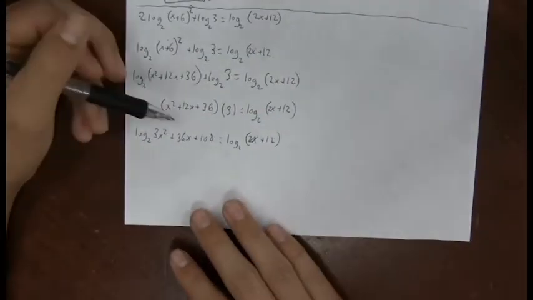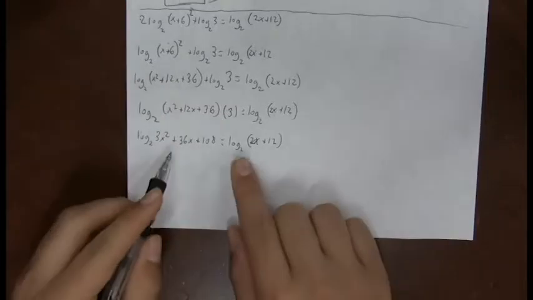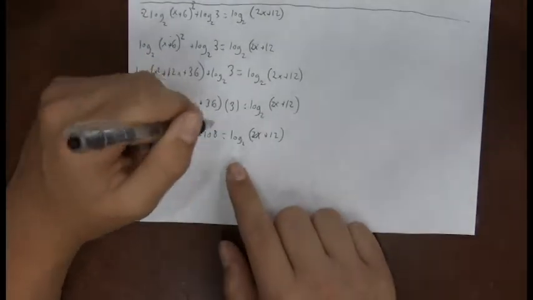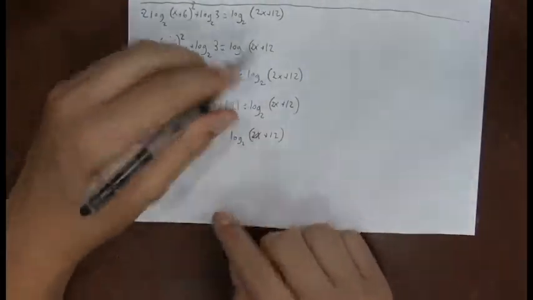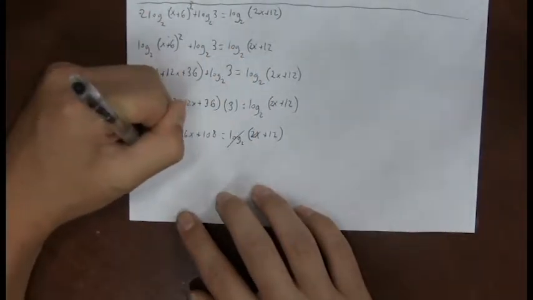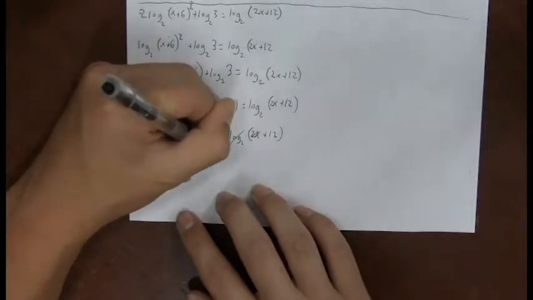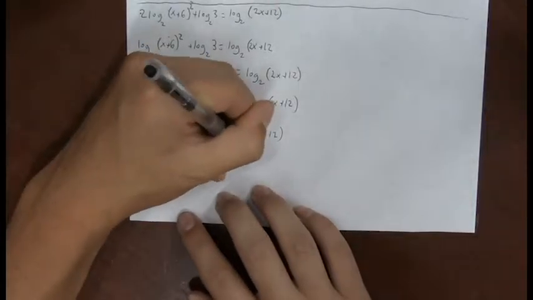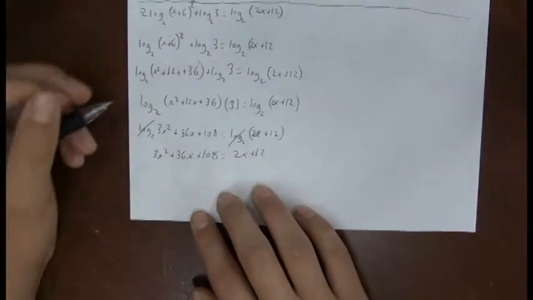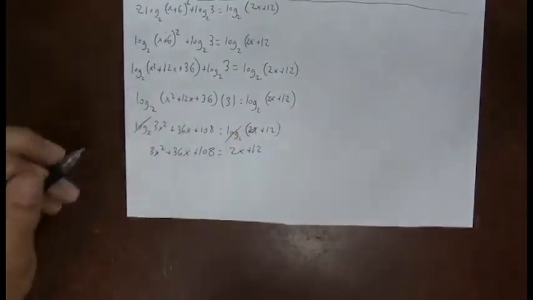When you have the same log base, so the log base 2 on both sides of the equation, you can cross them out and drop them and just create an equal equation. This only works if you have the same pairs on both sides of the equal sign.